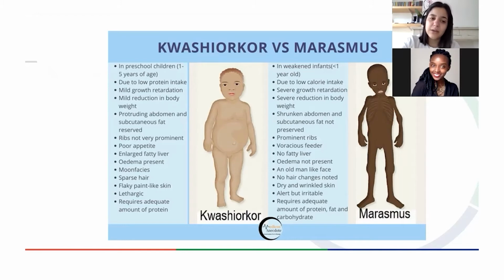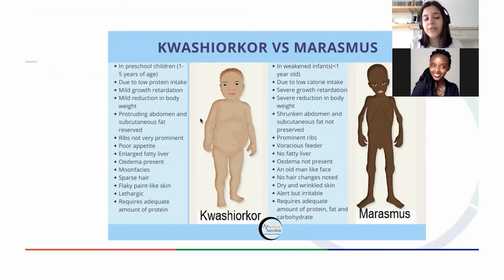This causes some growth retardation. This causes reduction in the weight, and you can identify these children because they have a very swollen appearance of the belly. See in the image, it's as if they have a protruding abdomen. It looks like it's fat, but it's not. It's just edema. So you don't see the ribs because everything is very swollen.